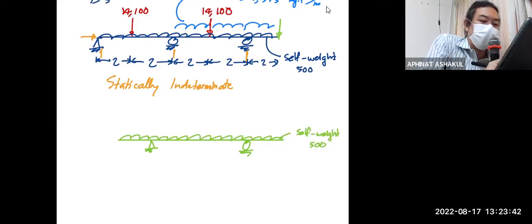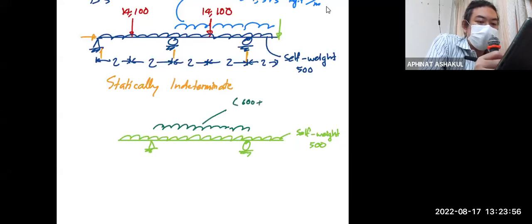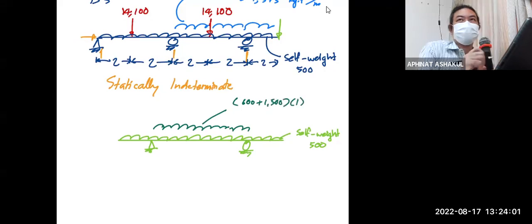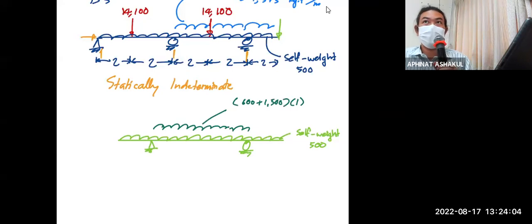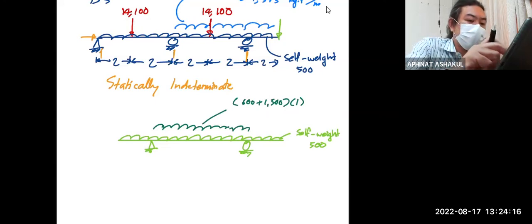And then the floor in the middle here is 600 plus 1500 multiplied by 1, because the width is 2, so the tributary width that this beam is responsible for is half of 2, so it's 1. You can go back and look at the floor plan again.